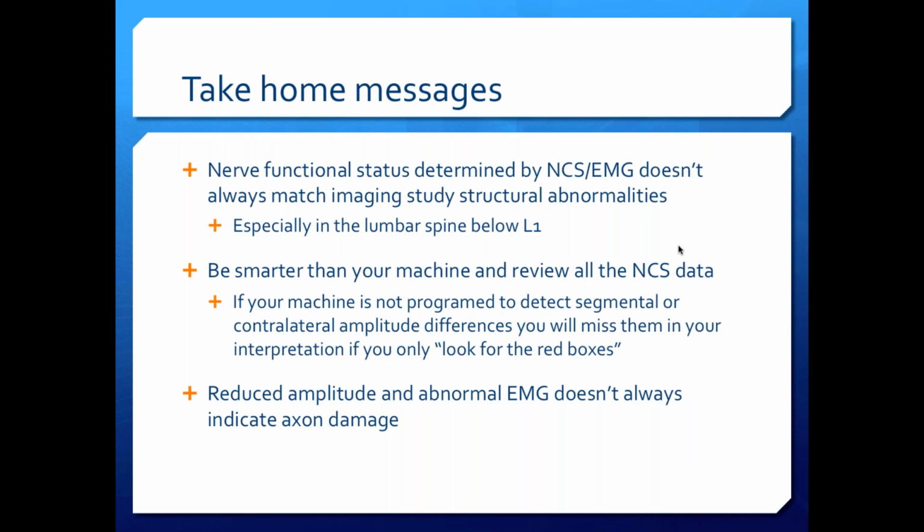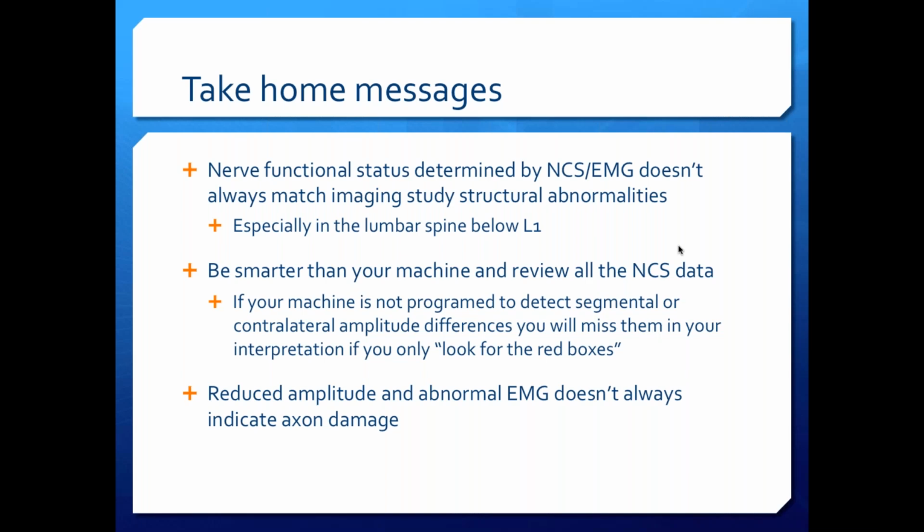But especially in the case of the lumbar spine, the imaging studies will not always correlate that well with the EMG studies because of the orientation of the nerve roots in the spine below the L1 level.